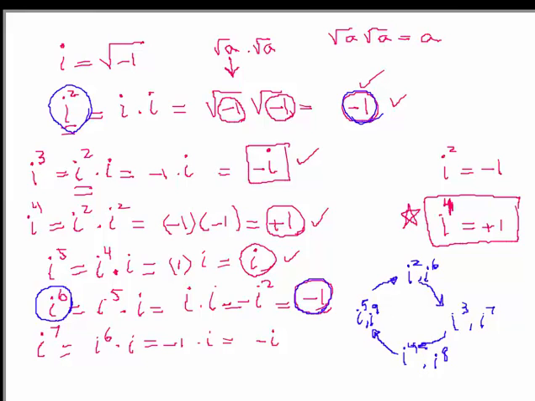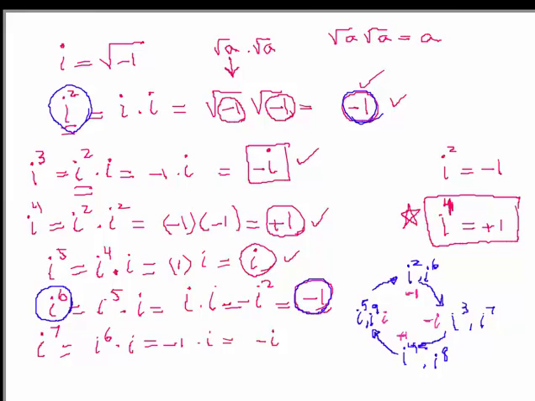But the pattern is this. i to the power of 2 results in -1. i to the power of 3 results in -i. i to the power of 4 results in +1. i to the power of 5 results in i. So you either get plus or minus i or plus or minus 1.